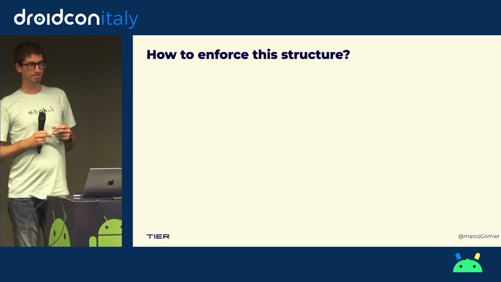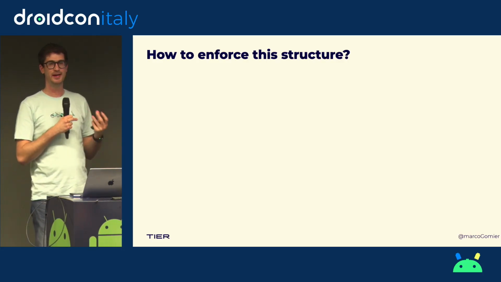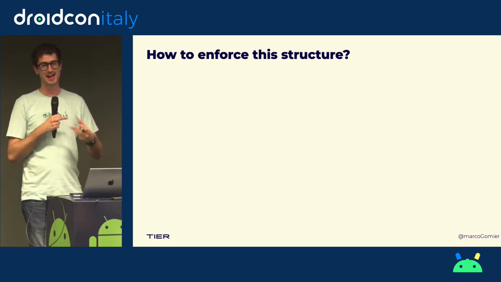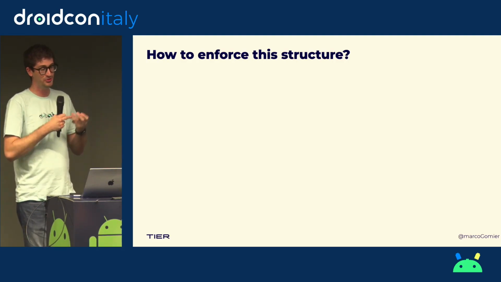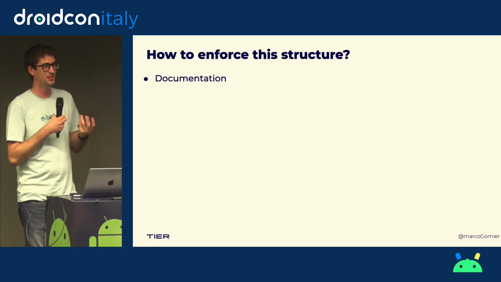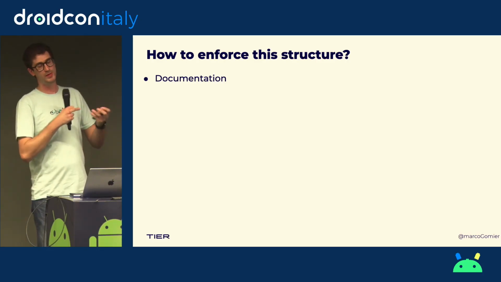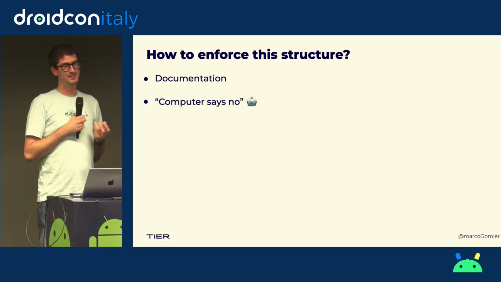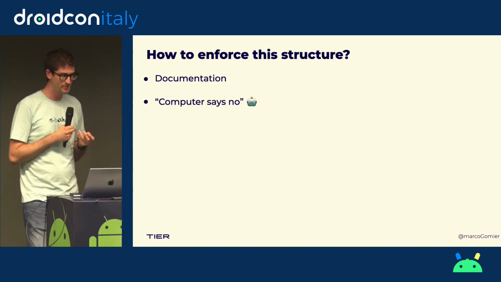All right, so we have a really fancy architecture, really explained, stuff like that, but how can we try to stick with that? Well, first of all, we are all humans, luckily, so we can talk to each other, and write some documentation about that, align with each other. But since we are all human, we need some machinery to prevent making mistakes.